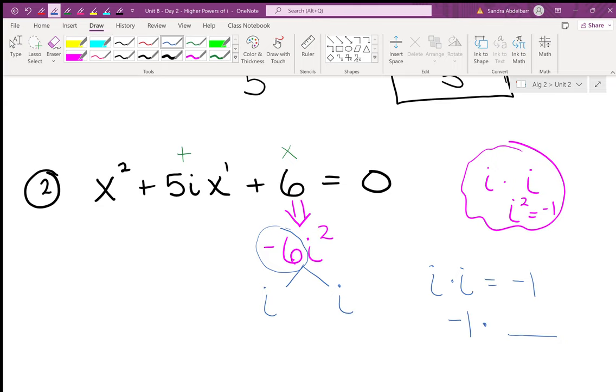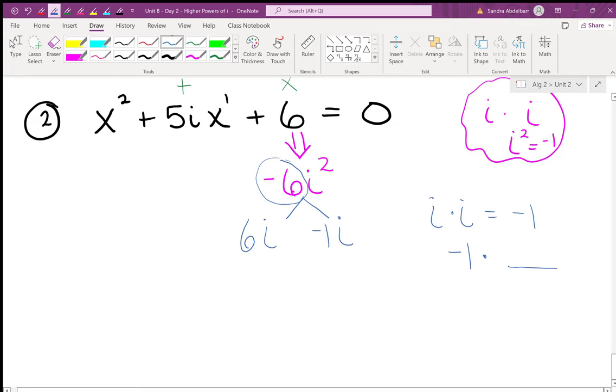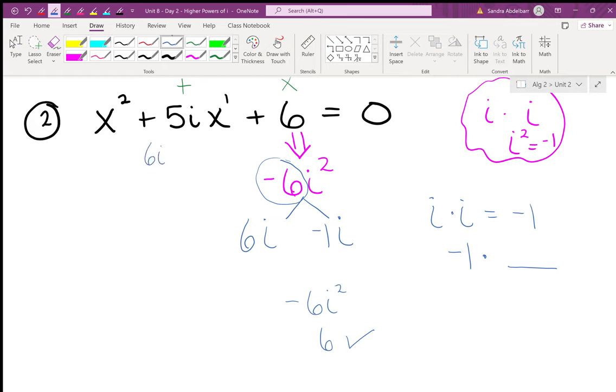Okay. 6i and a -1i. All right, let's check this out. 6i times -1i is a -6i squared, which is a +6. Are we good there? Yeah. And then we're going to have 6i plus -1i. Isn't that a 5i? Are we good there?